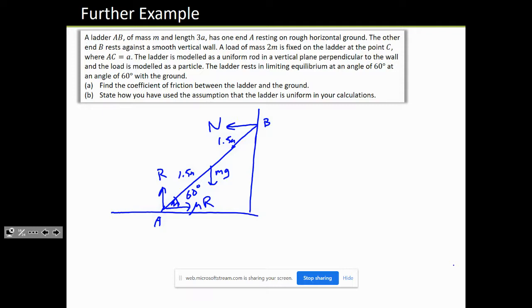A load of mass 2m is on the ladder at a point C, where AC is A. So if this point is C, we have 1A here to get to C. We have a mass of 2m, so we have a weight of 2mg.